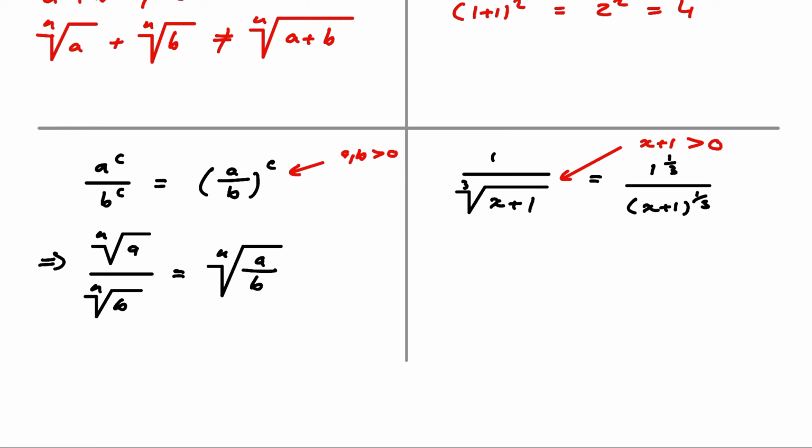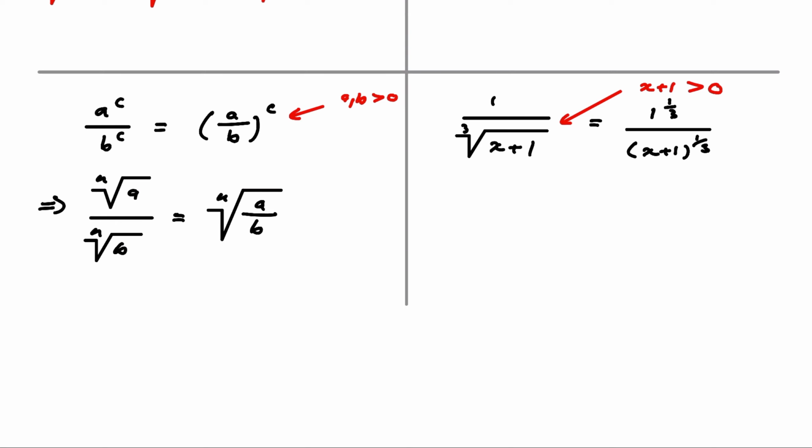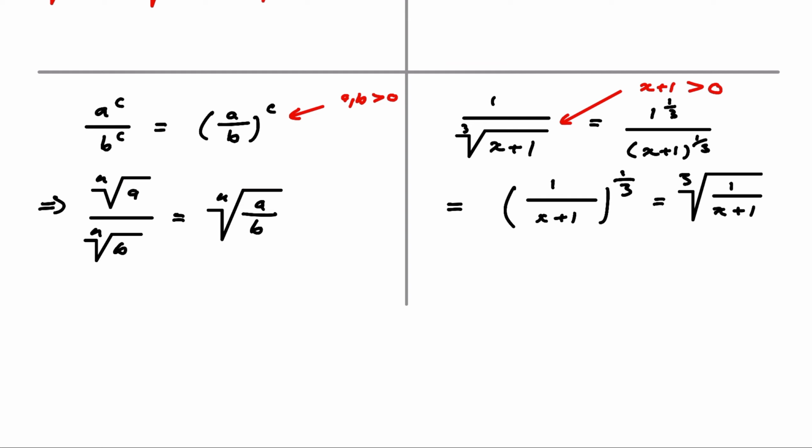It's a little more dangerous. So let's assume x plus 1 is positive just to make sure we are really fitting with this story. So this becomes 1 over x plus 1 to the 1 over 3. So if I want, I could write this whole thing as the cube root of 1 over x plus 1.